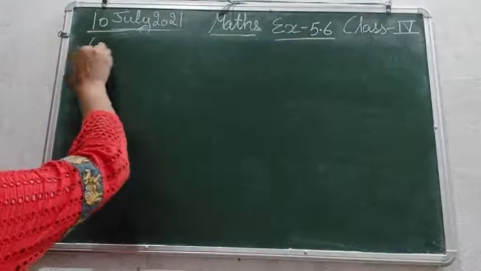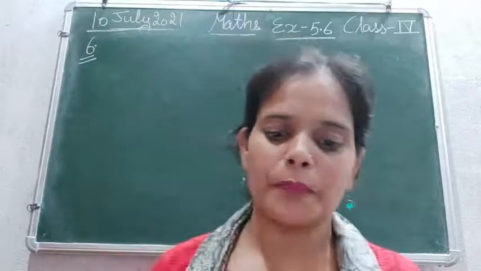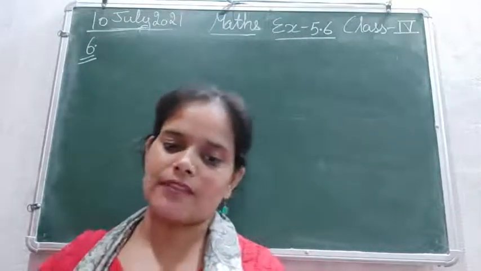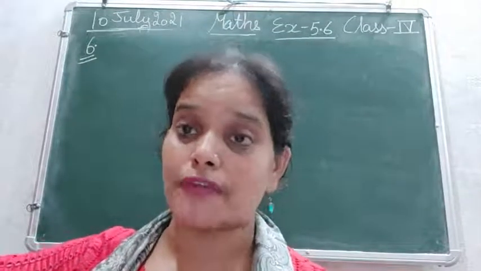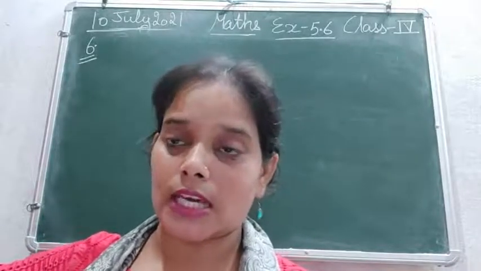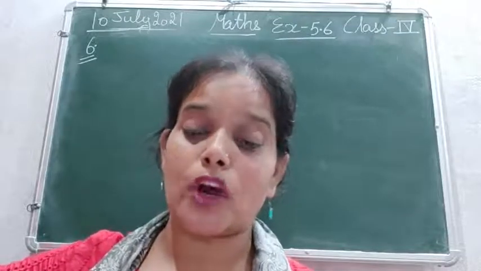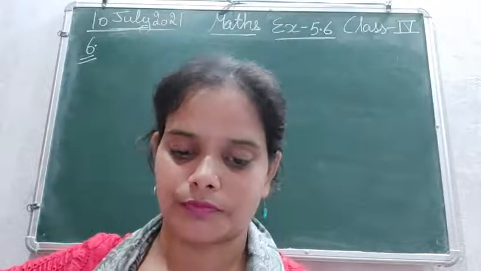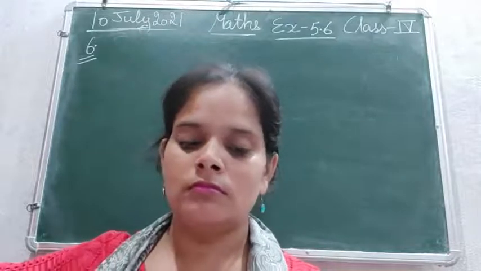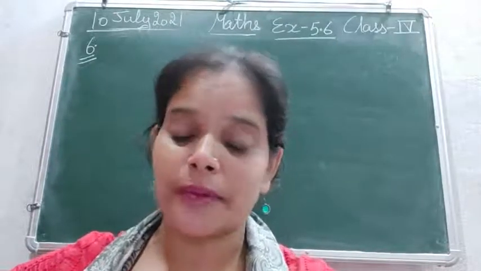The question number 6 is, a shopkeeper has 768 tins of ghee in stock. If each tin contains 18 kg ghee, find the total weight of ghee in stock. अब देखिए क्वेश्चन कैसा है, थोड़ा सा कॉम्प्लिकेटेड है, सुनिए.